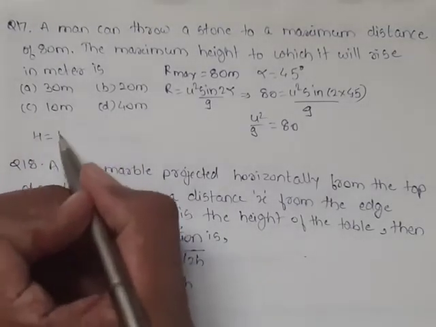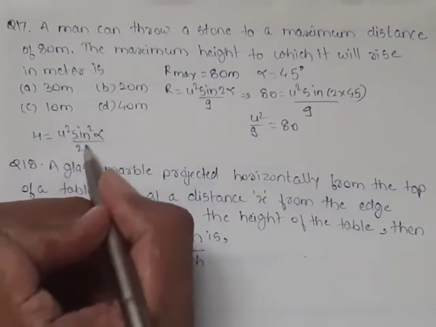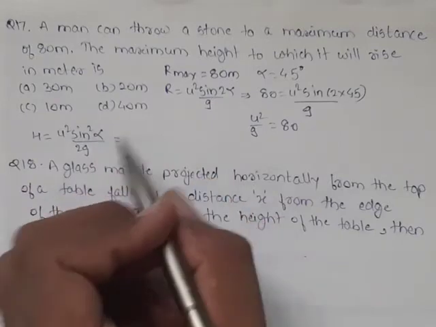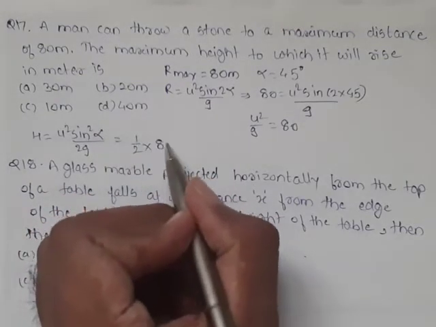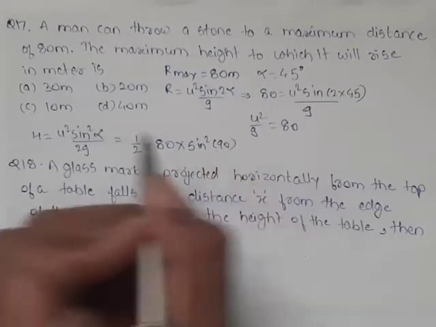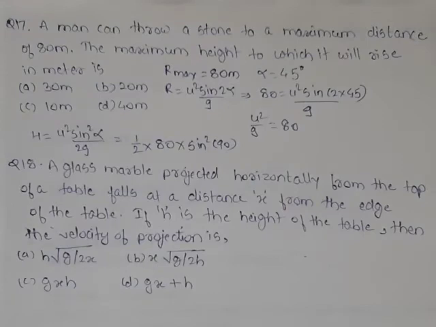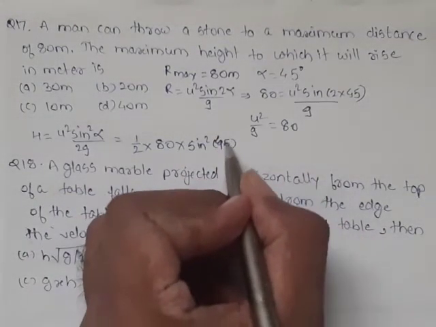So H equals to U square sine square alpha upon 2G. We already got 1/2. U square upon G is nothing but 80, and sine square of alpha. The alpha is 45 degree, not 90, 45.